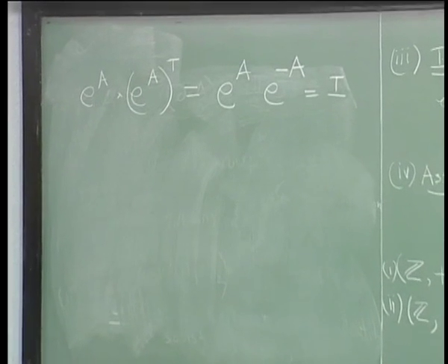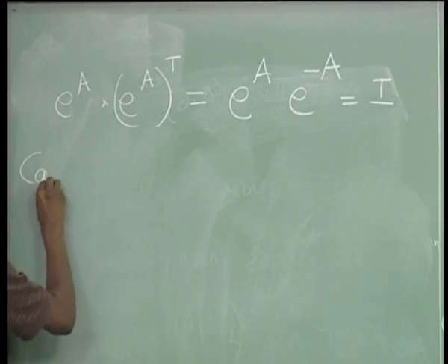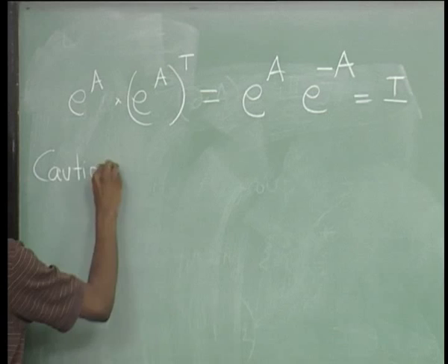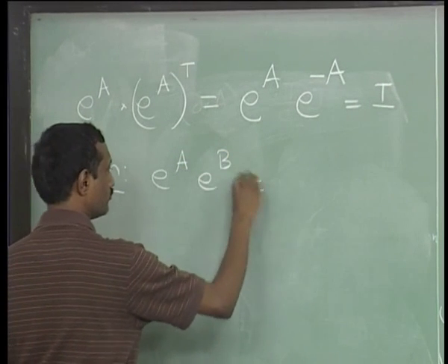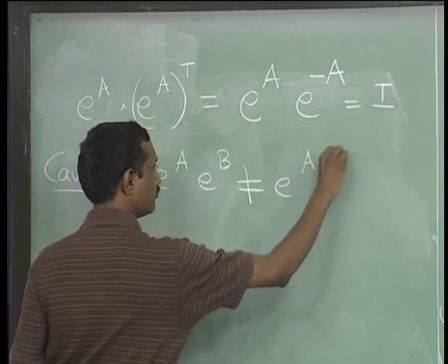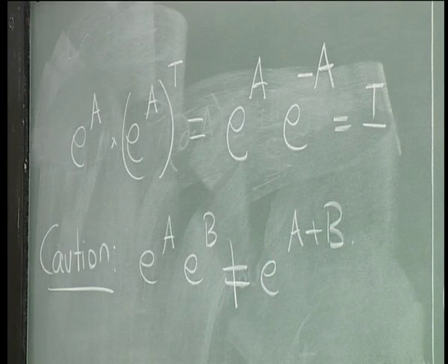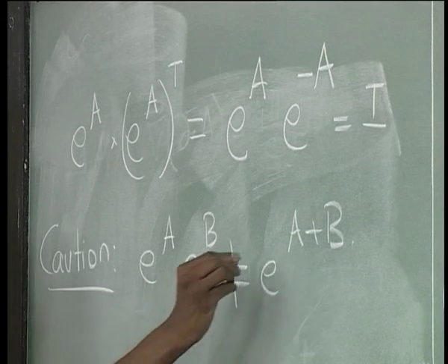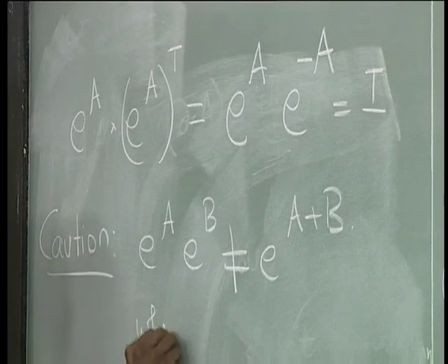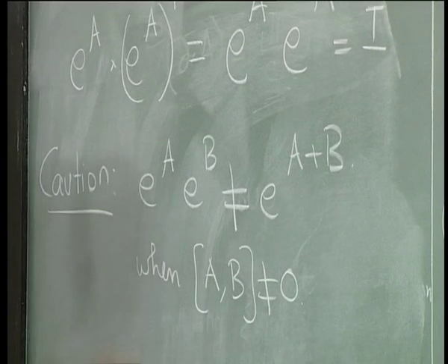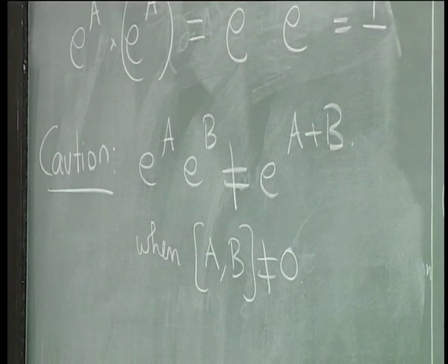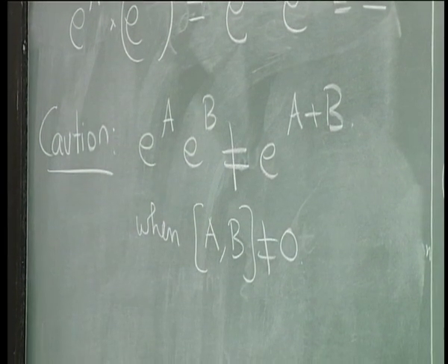But I should caution you that while this is true for simple exponentials, e power A times e power B equal to e power A plus B is not true when A and B do not commute with each other, that is, when AB minus BA is nonzero.